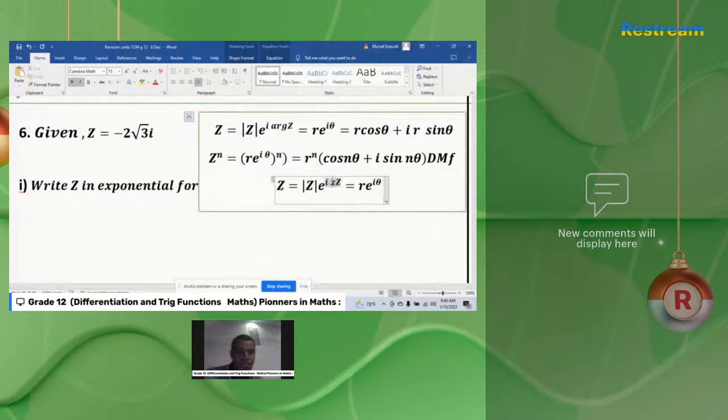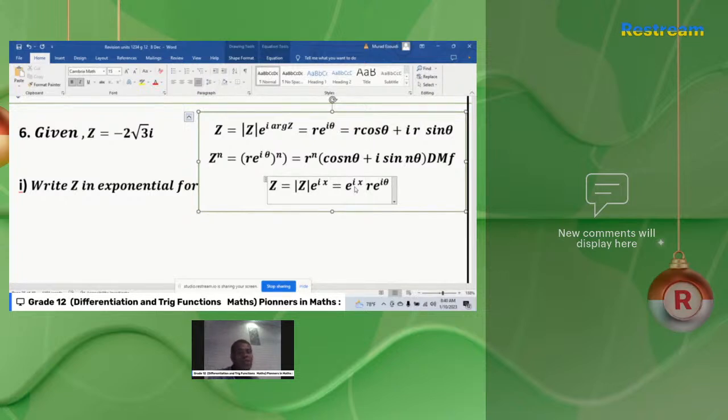Here x is a real number, and the modulus of z in fact is 1. So all the values of z are lying on the unit circle.